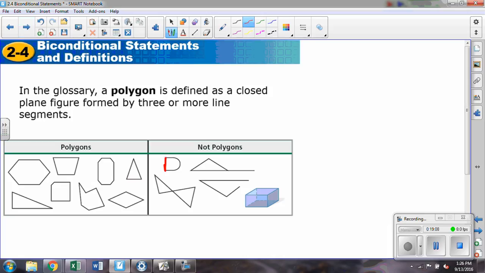Why is it that some of these things on the right are not polygons? For instance, what's wrong with this one? It's the line segments section. A polygon cannot have any curves. It has to be line segments only. What about this part? What's wrong with that?